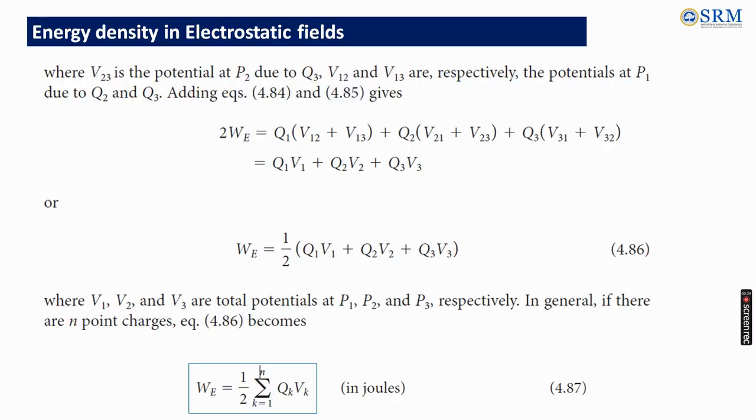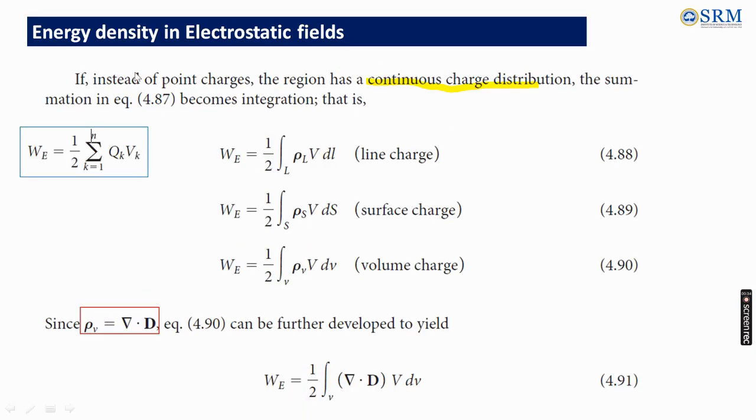Then we have summed up to find the total work done. Then we have extended this concept to n number of charges, and we have replaced the point charges by continuous charge distribution. And especially from the volume charge density relation, we are going to apply the Maxwell first equation, that is del dot D equal to rho V.